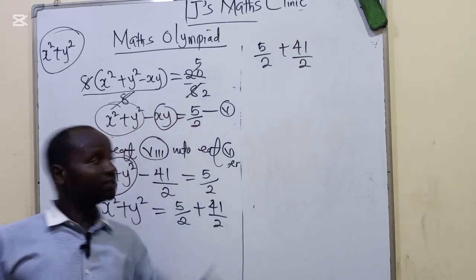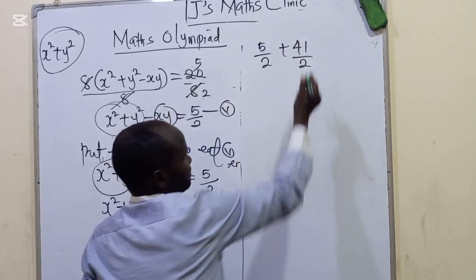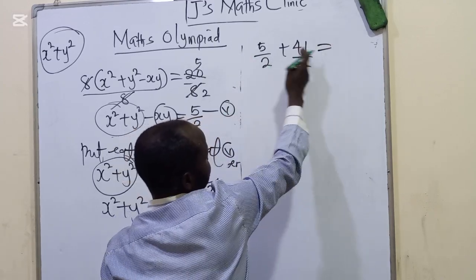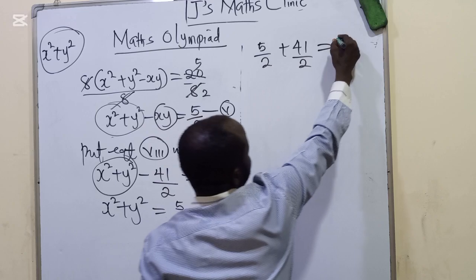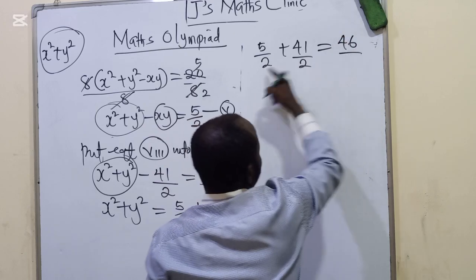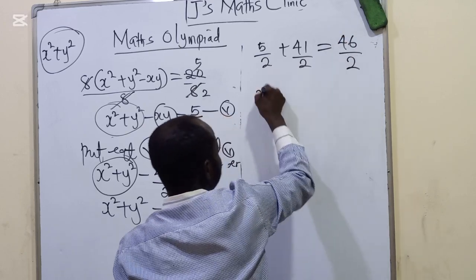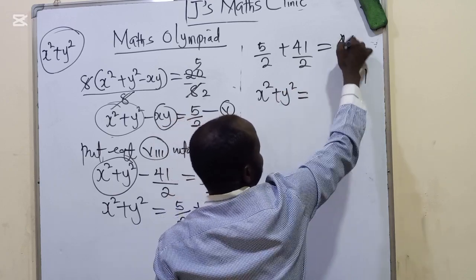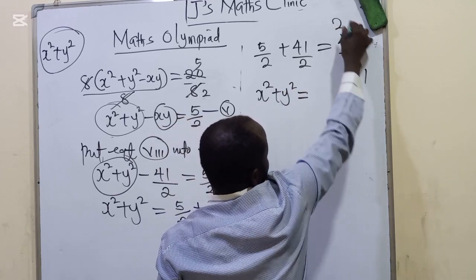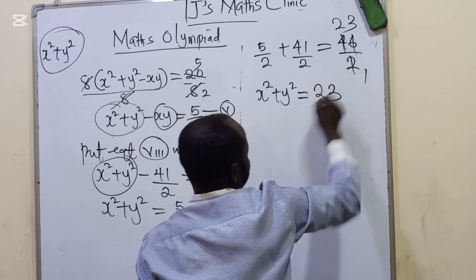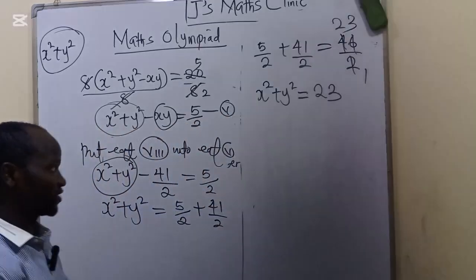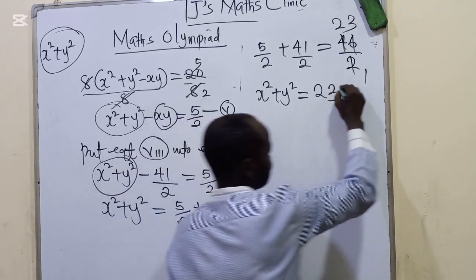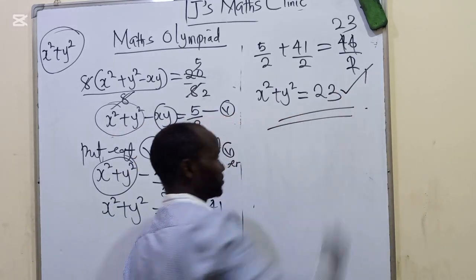We have the same denominator, so we can easily add the numerators and pick one of the denominators. We add 41 plus 5, that will be 46. Then x squared plus y squared will be equal to 46 over 2: 2 here 1, 2 here 23. So the sum of their squares, which is x squared plus y squared, is nothing but 23.